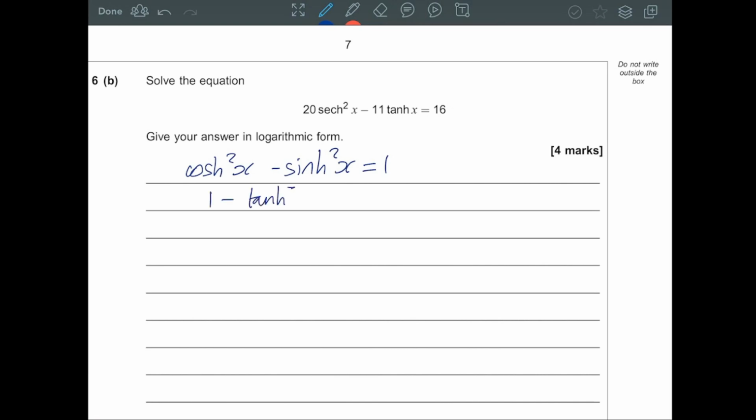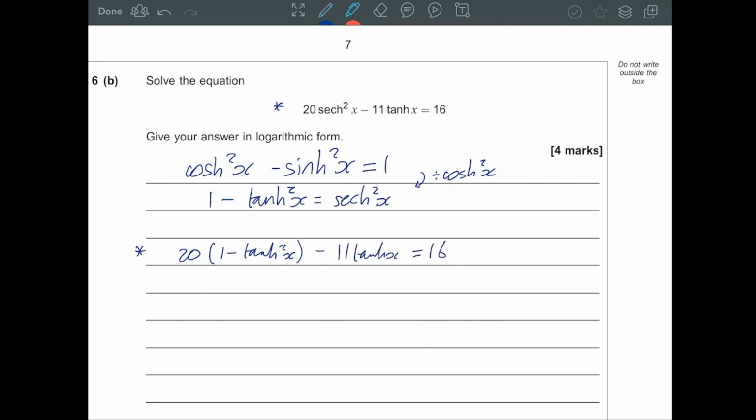So dividing through by cosh squared gives me that identity, which I can now use directly into the equation. So that equation I'm now going to have as 20 lots of 1 minus tan squared minus the 11 tan equals 16.